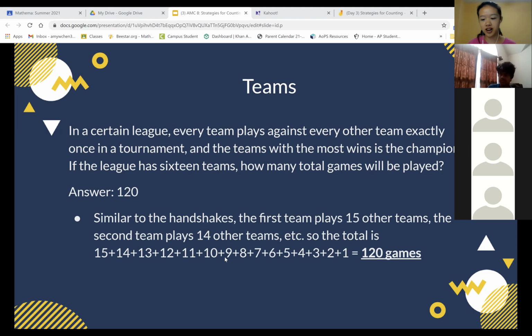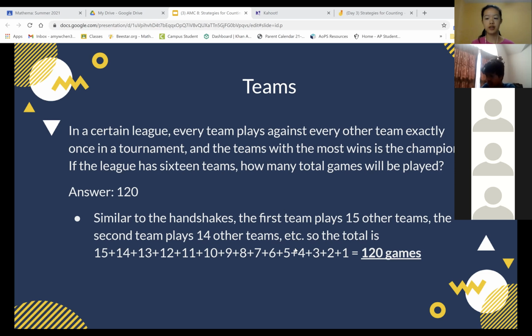Also, let me just recap the 2 different strategies Sai and I showed you. Basically, the strategy I showed you is that the first team would play 15 games against all the other teams, but the second team would play 14 games because the second team already played the first team. That's one strategy.